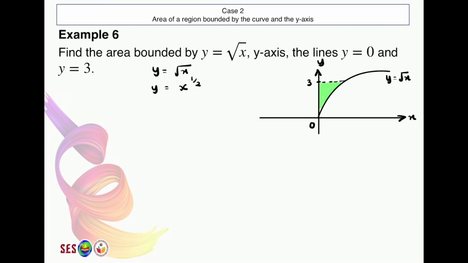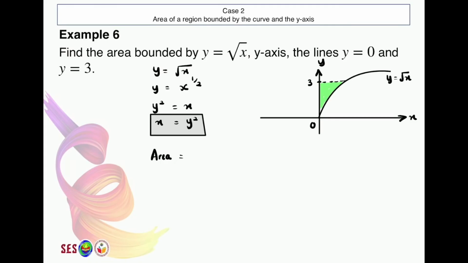So when we want to write this in terms of y, we can make y squared equal to x. So now we have x equals y squared. We have already changed it in terms of y. Remember that to find the area of a region bounded by the curve and the y-axis, the function has to be in terms of y.